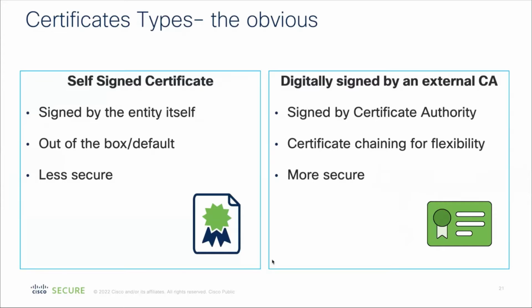The intermediate CA can be signed by a well-known CA, and the intermediate CA can issue certificates to different services, organizations and business units. That's for flexibility. So the digitally signed certificate is considered more secure when compared with the self-signed certificate.